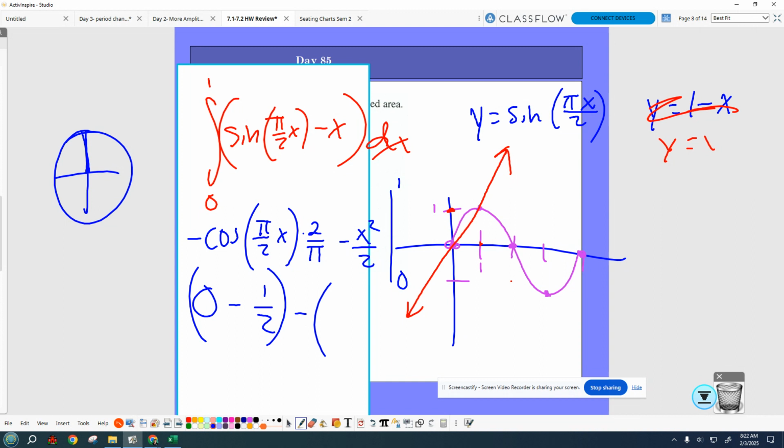But now cosine of 0 is 1. So 1 times, okay, and 0 in that. So it looks like 2 over pi minus 1/2. Yes?